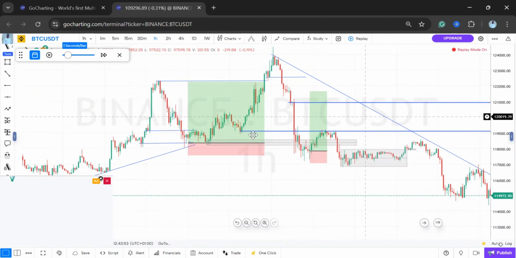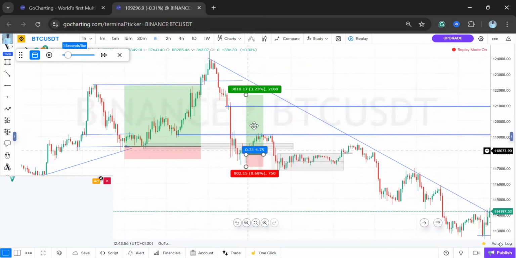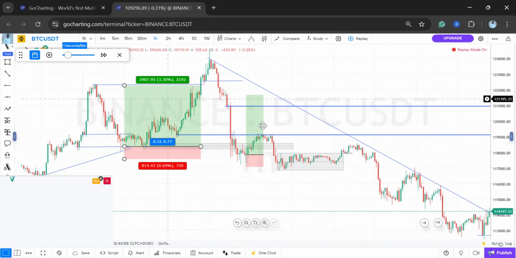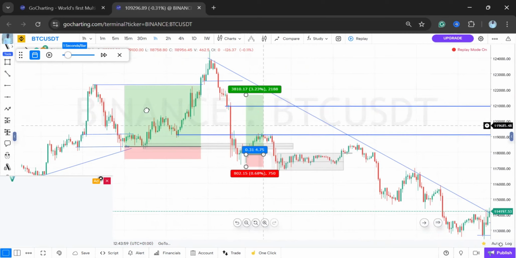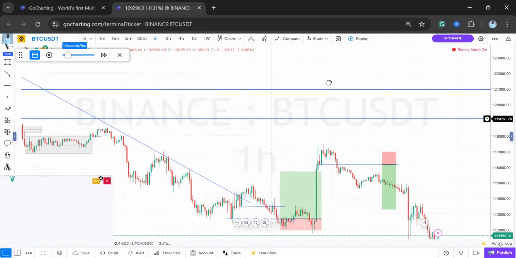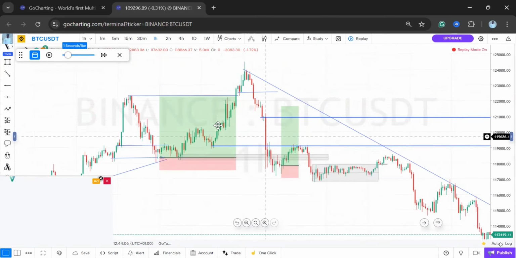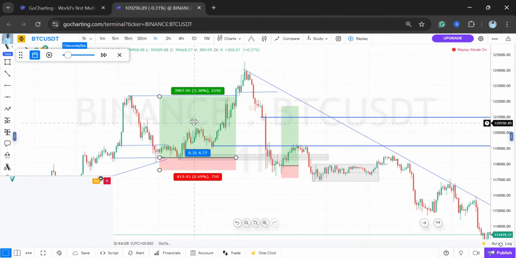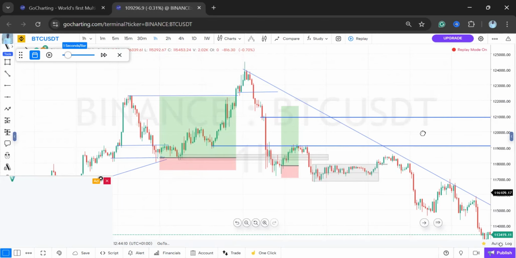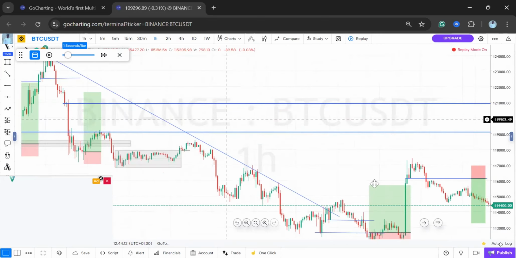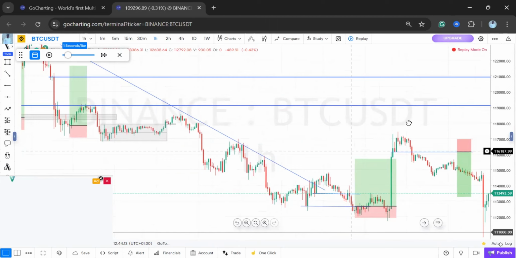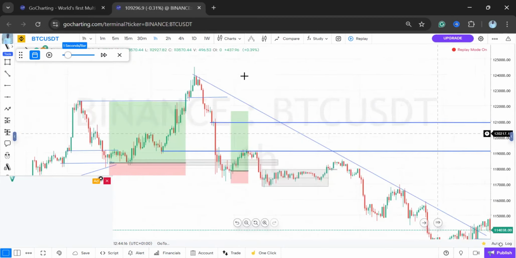Because we have seen that there is a zone over here. If we get to close it out, these two trades have covered up the loss, because it's just one loss over here. So it will keep you still profitable because you just risked one.